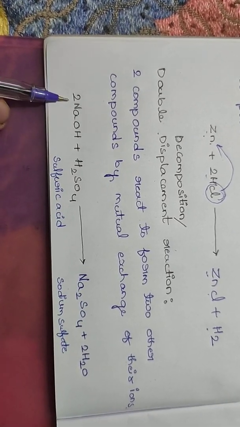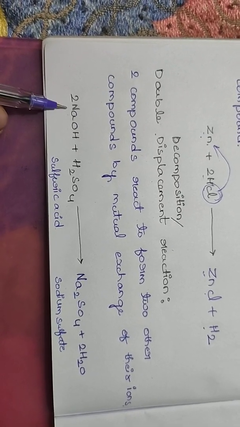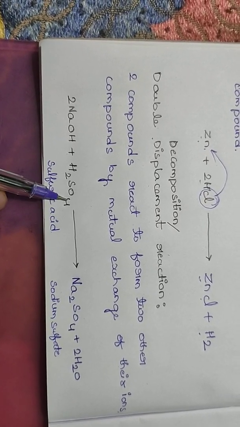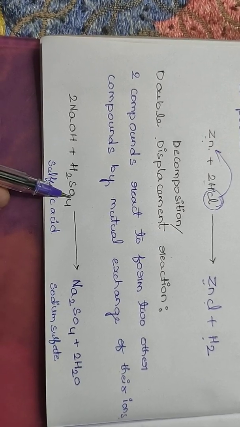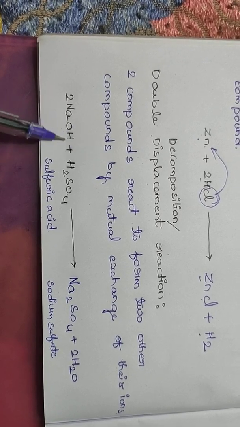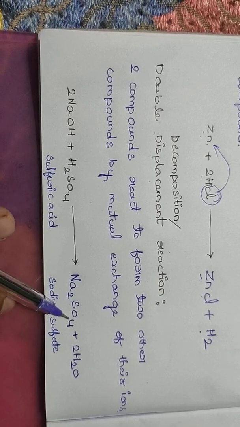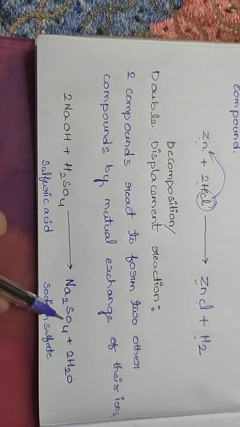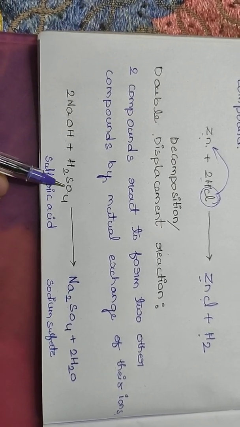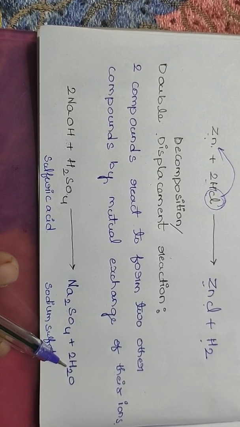Here we have NaOH, sodium hydroxide, and sulfuric acid, H2SO4. Here, in the place of hydrogen, hydroxide is taking place, and in place of hydroxide, SO4 is coming. It is forming 2H2O.